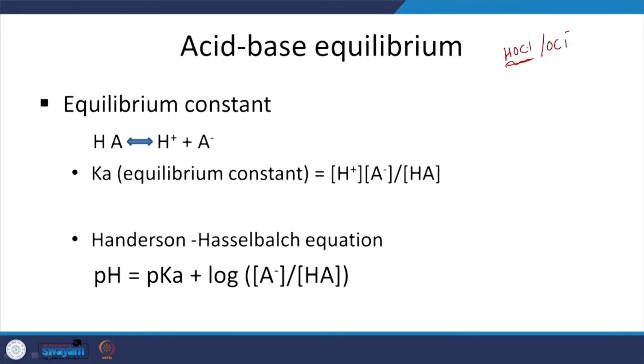So equilibrium constant, for example, we spoke about pKa, the acid dissociation constant, and that it gives us an idea about the strength of the acid. Let's see how it comes about.